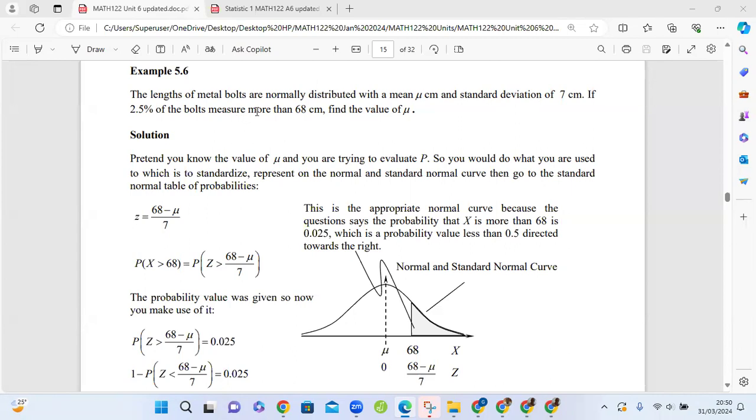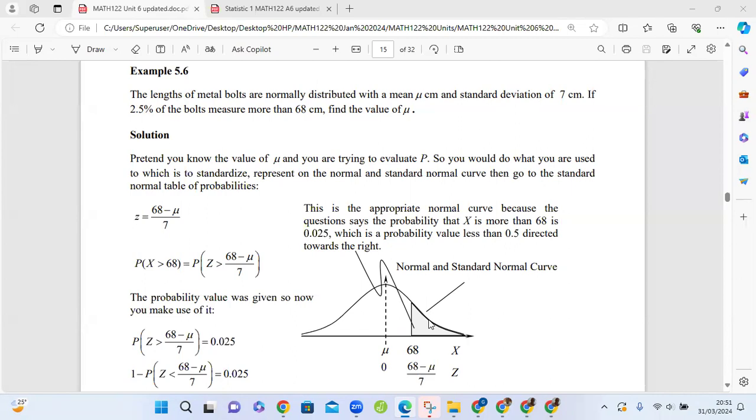More than, that means we have to point towards the right. A probability value less than 0.5, that's a tail, that's a right tail. There it is. We must do a 1 minus to go into the table to get the z. And then no, you don't have to attach a negative sign.